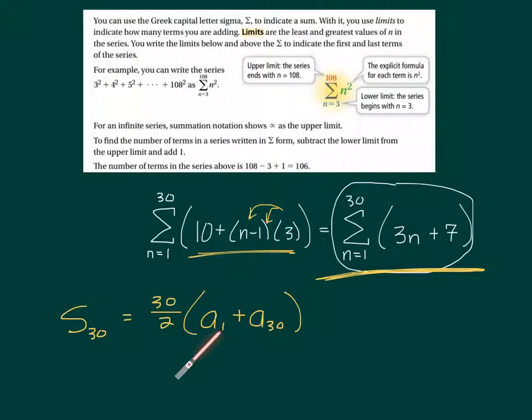How do we figure out the first term? Plug 1 in for n. We get 3 plus 7, which is 10. How do we figure out the 30th term? Plug 30 in here. 3 times 30 is 90, plus 7 is 97. So we're going to have 30 over 2 times 10 plus 97. And we get the same answer we had before, which was what?